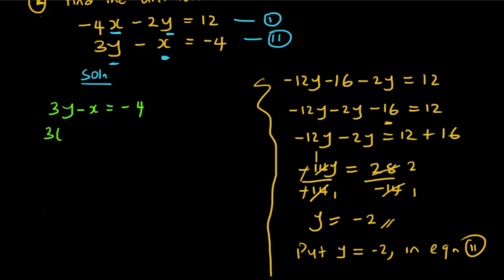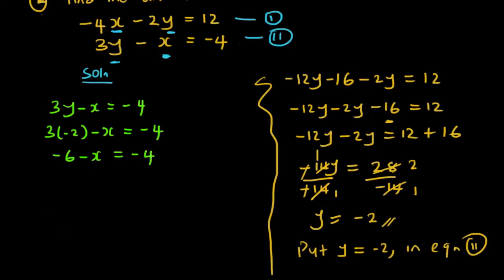So I'll be having 3 into bracket minus 2, minus x equals minus 4. 3 times minus 2 is minus 6, minus x equals minus 4. Collect like terms. So I'll have minus 6 go to the other side. So I'll be left with minus x here, minus 4. When minus 6 crosses the equal to sign, it becomes plus 6. So minus x equals minus 4 plus 6 is 2.